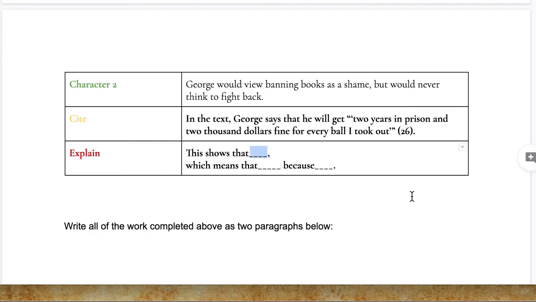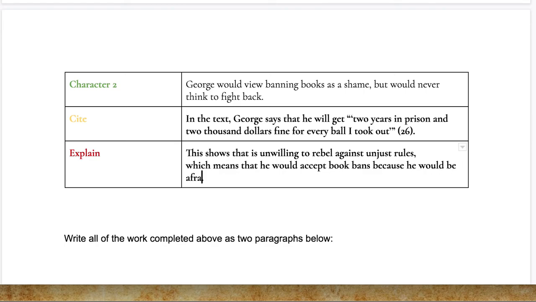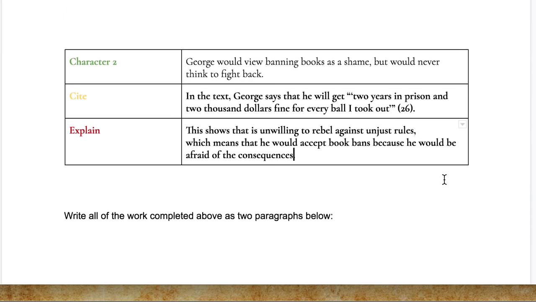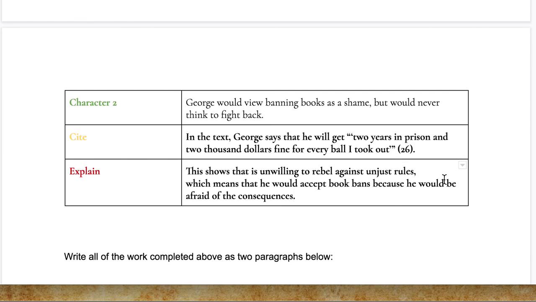So I would say that this shows that George is unwilling to rebel against unjust rules, which means that he would accept book bans because he would be afraid of the consequences. Now, this evidence, again, links into an inference. This lets us infer that George wouldn't be okay with that.